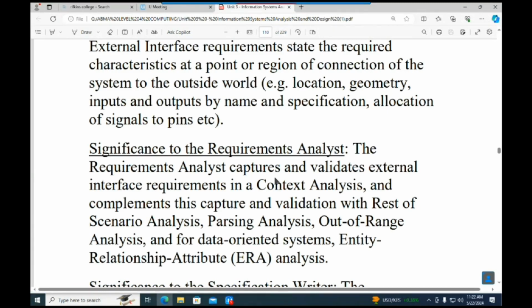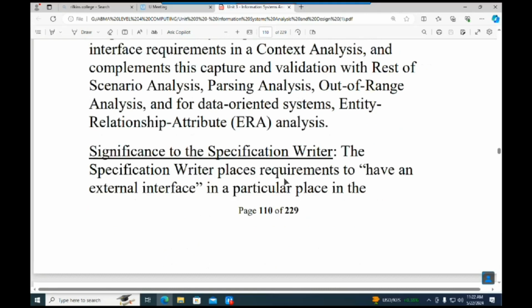And he is also the one who complements this particular capture and validation using what we call rest of scenario analysis, or maybe passing analysis, or out of range analysis, okay?